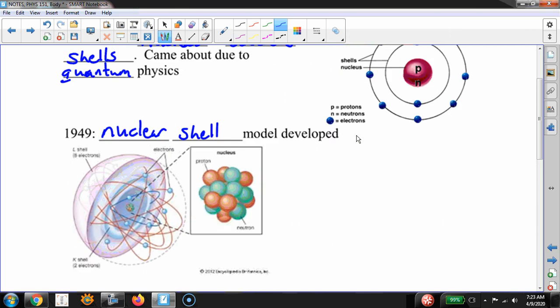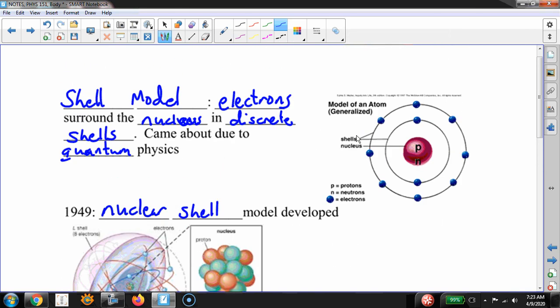So for these different models, the plum pudding model, the planetary model, the shell model, and the nuclear shell model, I just want you to have a basic understanding of them and the progression that they have, from this plum pudding, where you have an atom that is just an amorphous thing of positive and negative charges, to where you begin to see a distinction between the positive nucleus and the electrons, and then the shell model, where you begin to have these discrete shells.